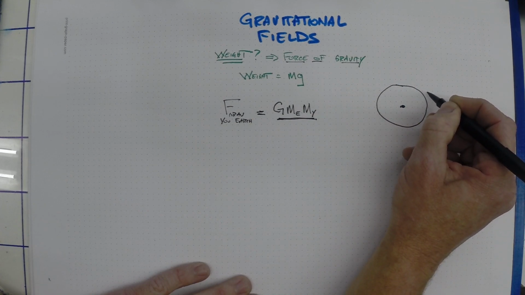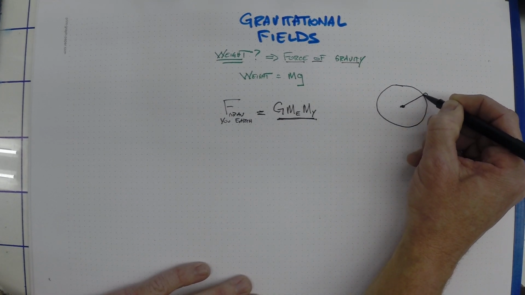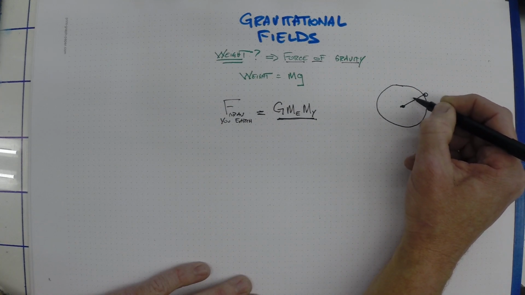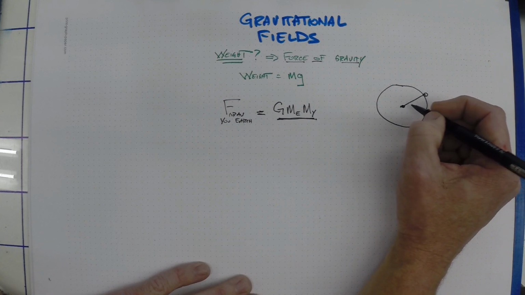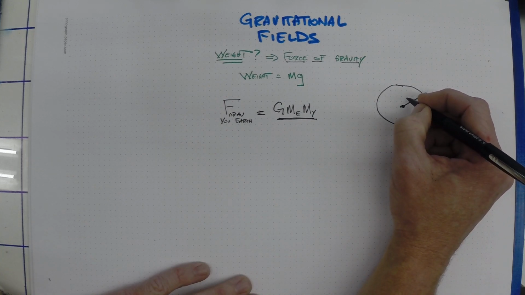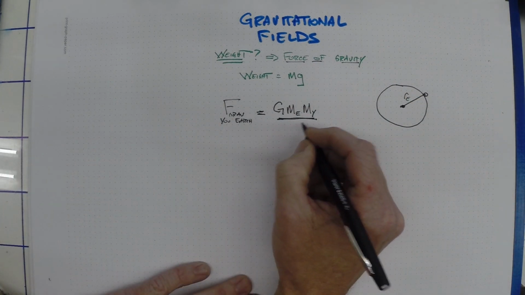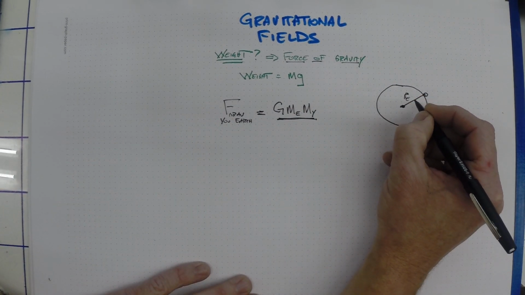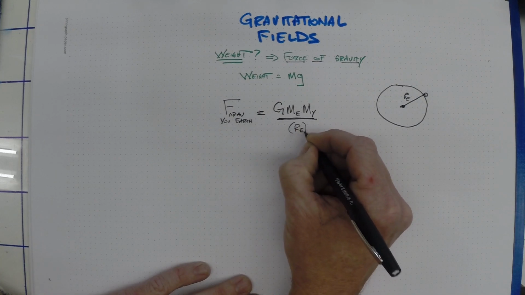So if you're here and much smaller than that, the distance r involved is from here to you. Well, that is essentially, with the exception of the extra half a meter to your belly button, which is pointless in this case, the radius of the Earth. So I'll use capital R since it seems important. So that is the radius of the Earth squared.